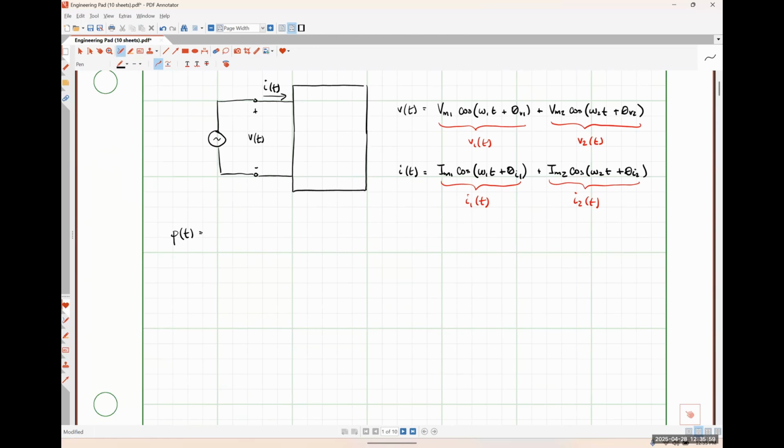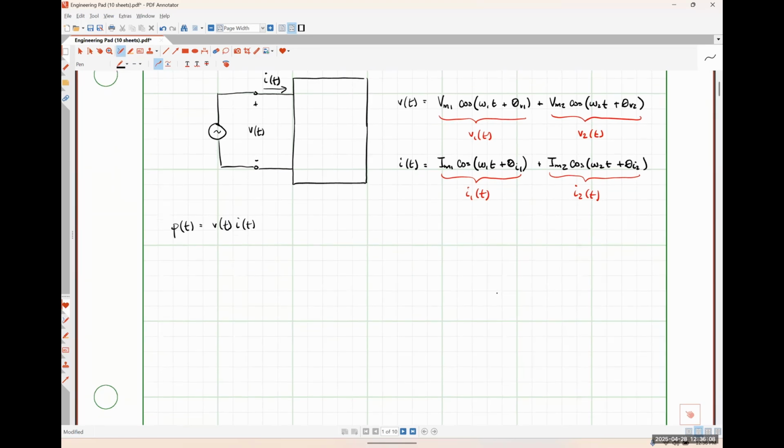So our instantaneous power in this system, p as a function of time, is just going to be the product of our current and our voltage, like we saw last Friday. But now we're going to have essentially four different terms, okay?